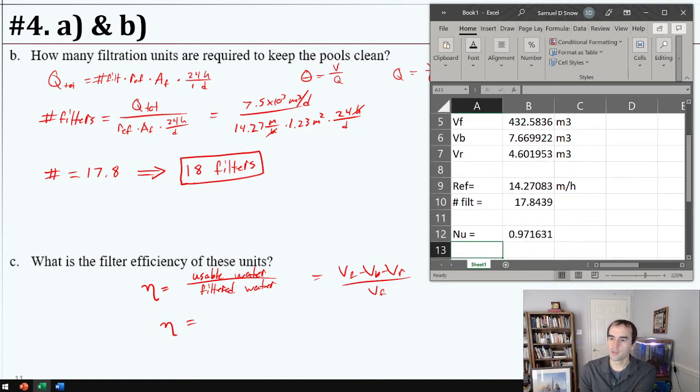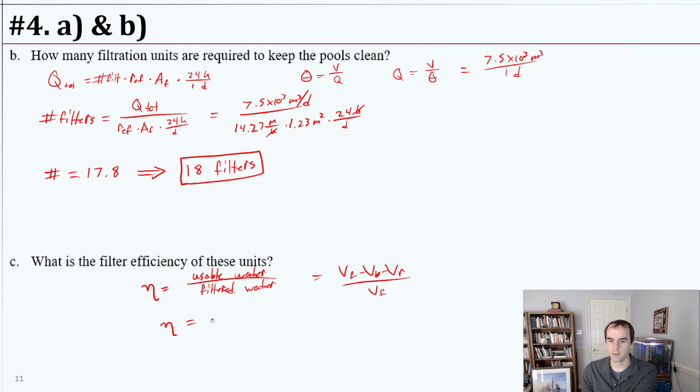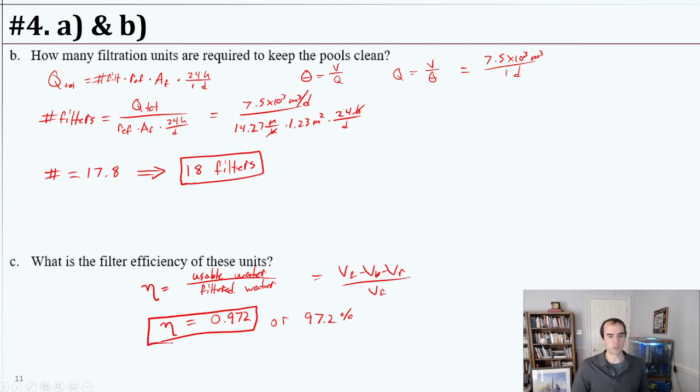So our filter efficiency is 97.2% or 0.972. Technically, this is the correct form, but if you wanted to conceptualize it like a percentage, that's no problem at all. Okay, so that's it for today.